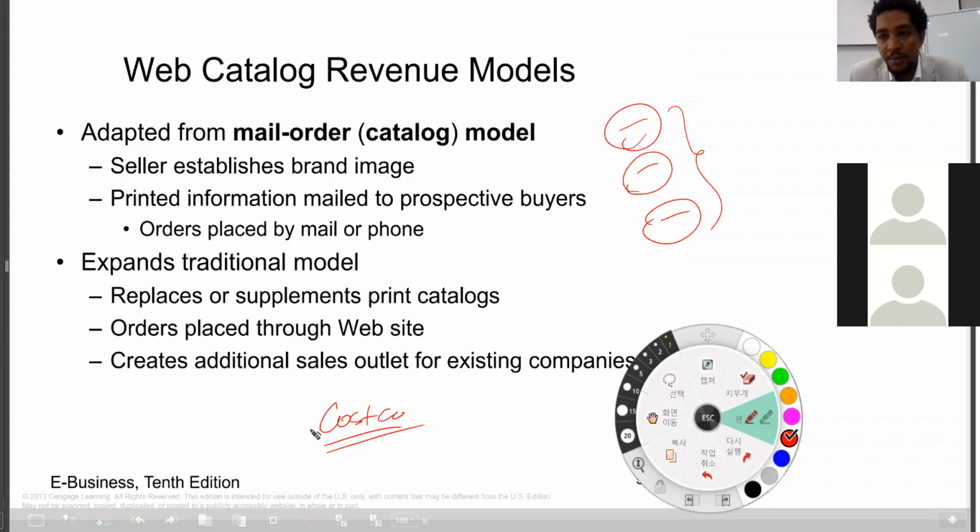IKEA has a web catalog, right? And this web catalog has furniture products, their descriptions, their prices. So you can just look at the web catalog and physically go and buy the product, or you can also check the web catalog and order the products online. That's what we call a web catalog.